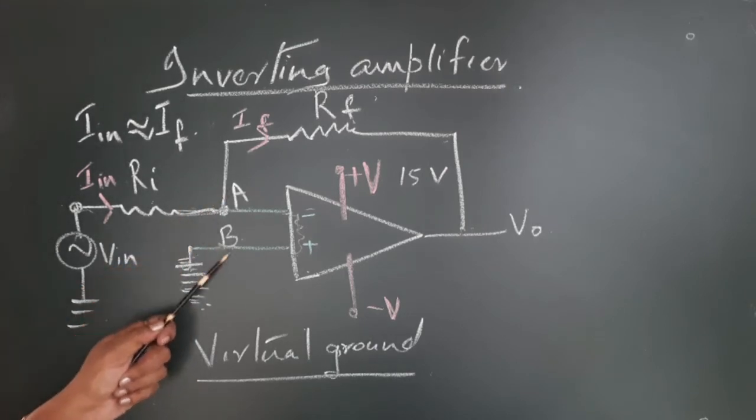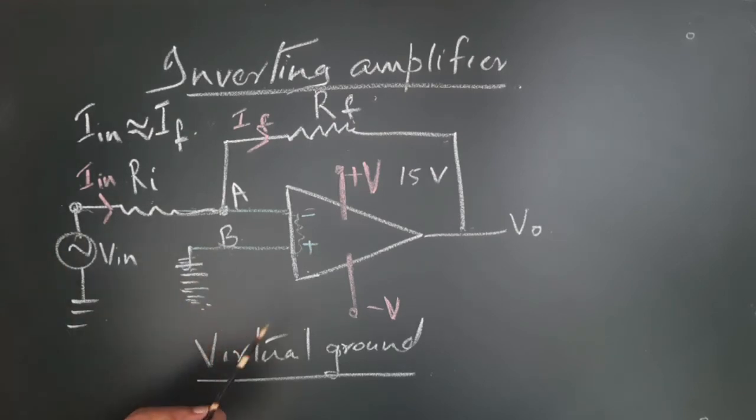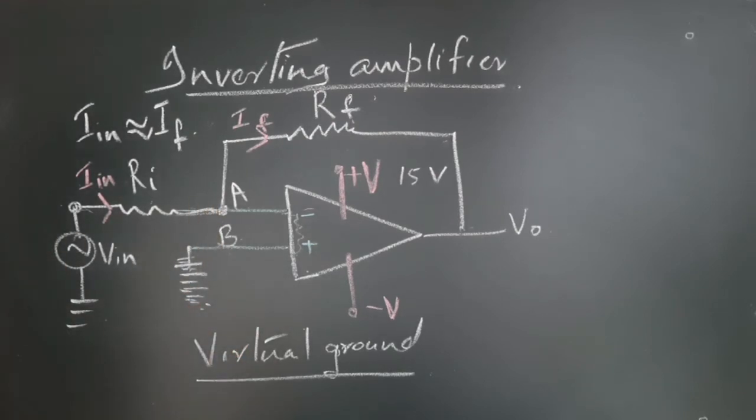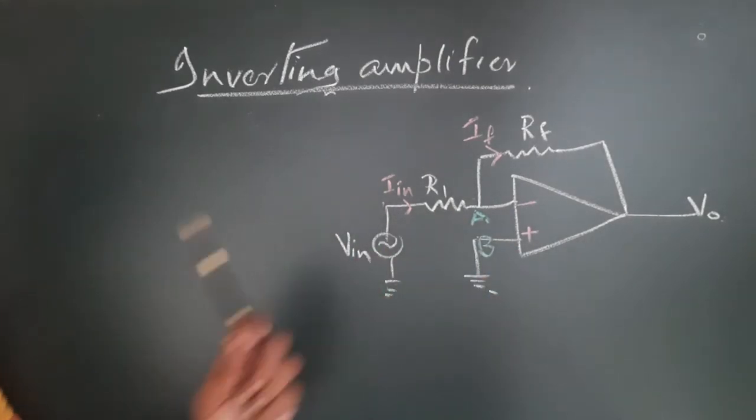So, A and B are now at the ground potential, and A is called the virtual ground. Only if you understand this concept can we understand the working of an operational amplifier. So, I have redrawn the circuit to the side.